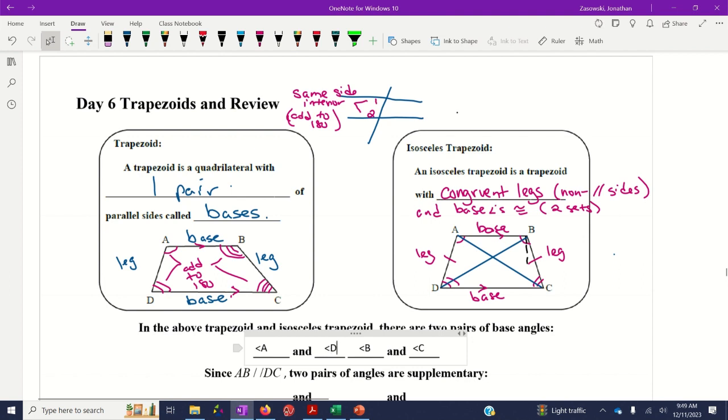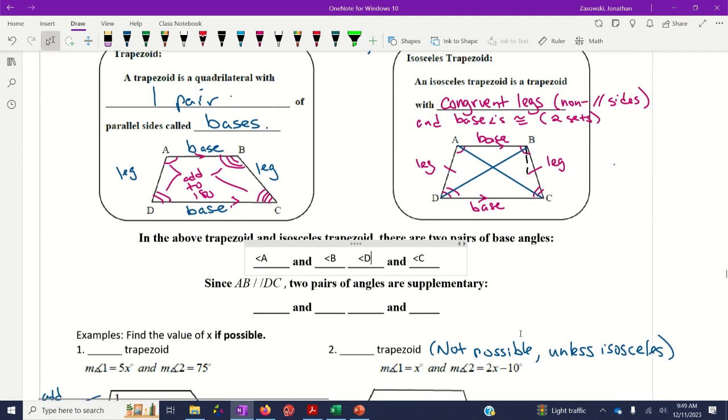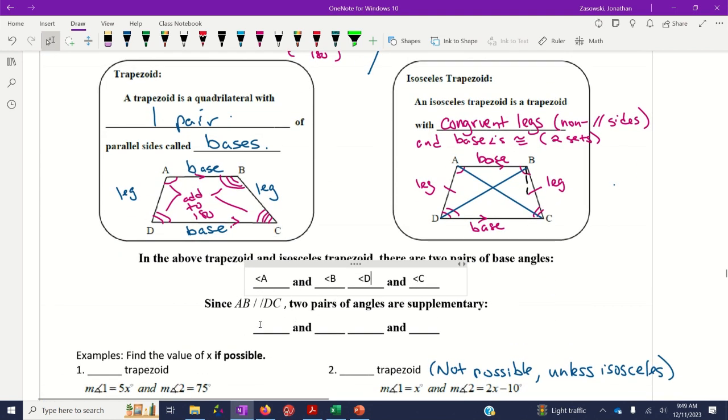No, that's not right. Angle A and angle B are along the same base. Those are base angles. And then angle C and angle D. Those angles, AD and BC, are supplementary. Now, there's two angles that are supplementary, like we just talked about 2 seconds ago. Those are angle A and angle D, and then angle B and angle C. Those are supplementary.